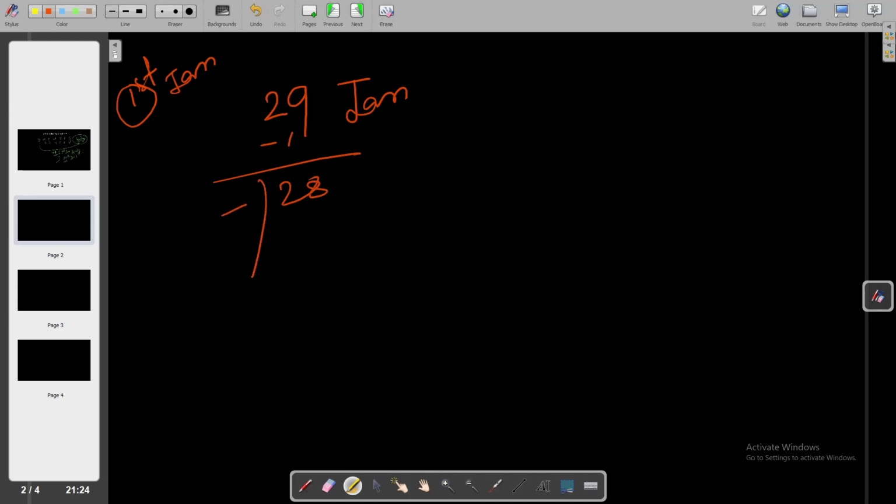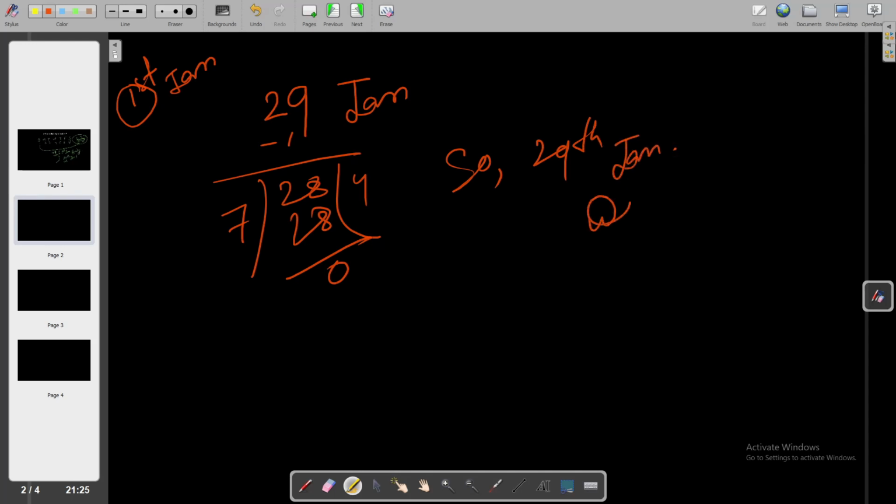And now we divide by 7, and we get no remainder. So 29th January will be Sunday. In this way, you can find the day of any date of a month.